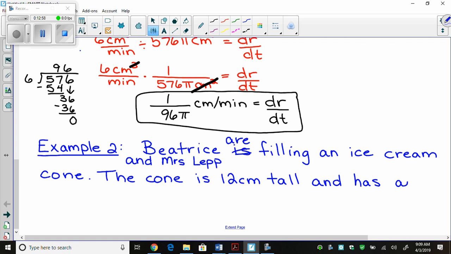If it's like a waffle cone, when I was making this question, I made it be big because I was thinking of those little crappy cones that are like this big that do not taste good at all. They taste like paper. Okay. The cone is 12 centimeters tall and has a radius of 4 centimeters. If you didn't catch that, that is a diameter of 8 centimeters. So it's almost equally as wide as it is tall.